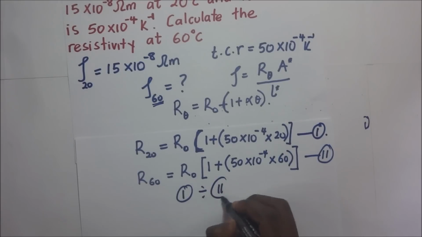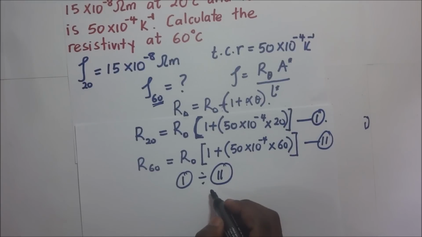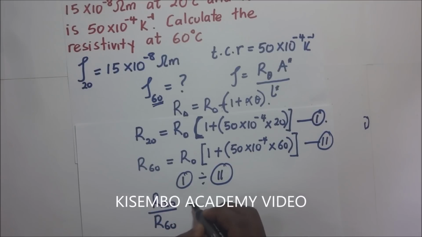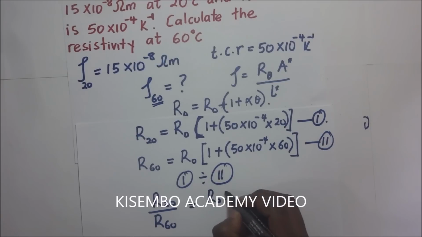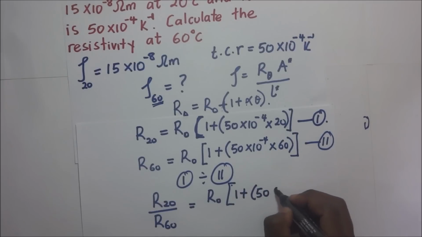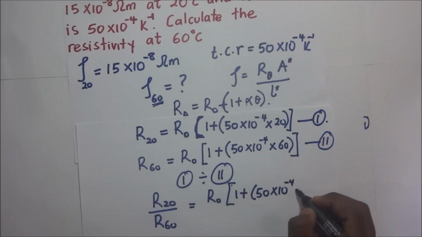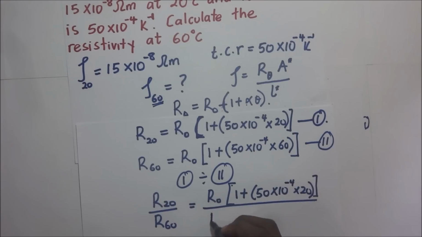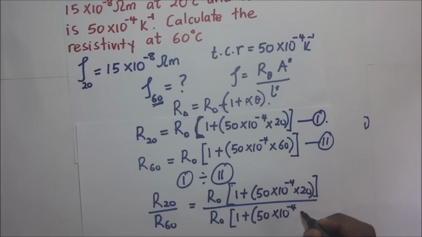So if we divide equation 1 by equation 2, we end up with the resistance at 20 divided by the resistance at 60 is equal to R naught times 1 plus 50 times 10 to the power negative 4 times 20, divided by R naught times 1 plus 50 times 10 to the power negative 4 times 60.